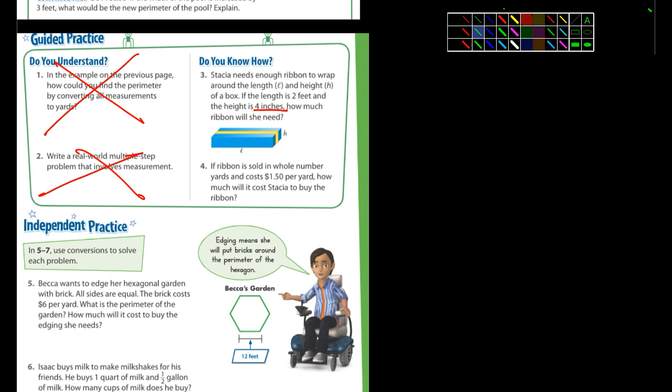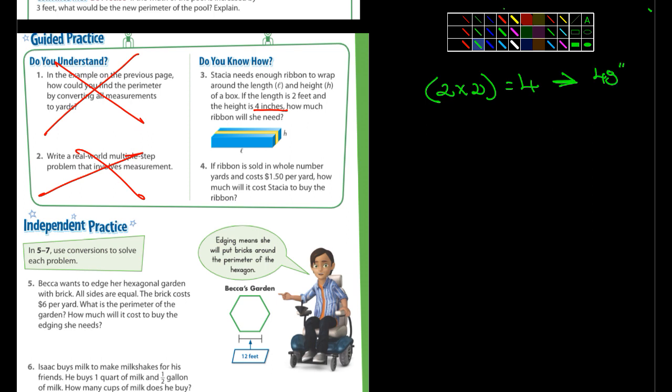So 2 feet. So we're talking about perimeter. So it's going to be 2 times 2. Okay, it's going to be 4. And so 4 feet, what's 4 feet converted into inches? Okay, that's 48 inches.